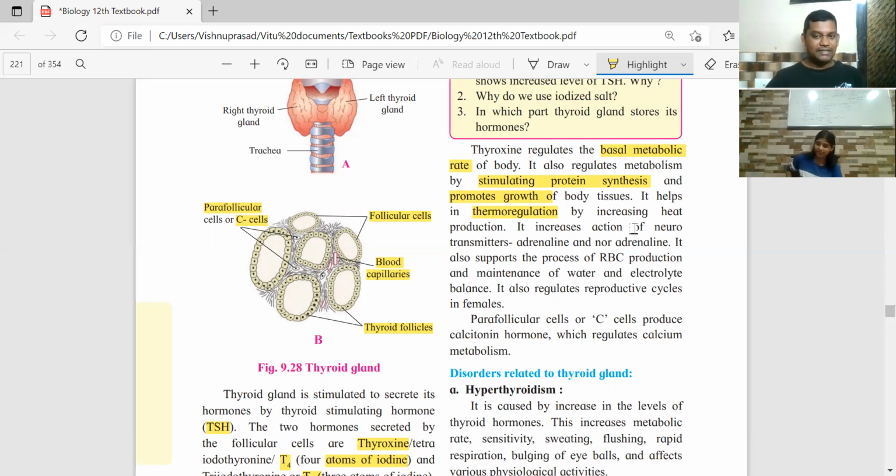It increases the action of neurotransmitters, like adrenaline, which we have learned about. It also supports the process of RBC production, erythropoiesis. And it balances the water and electrolytes in the cells.